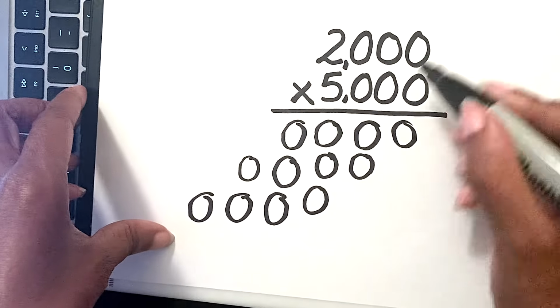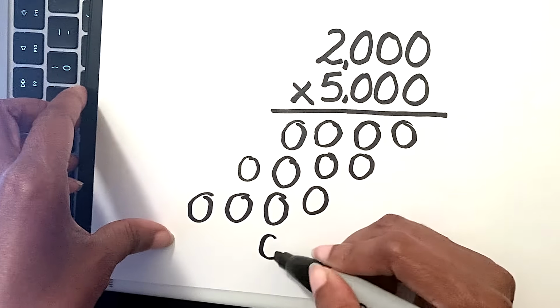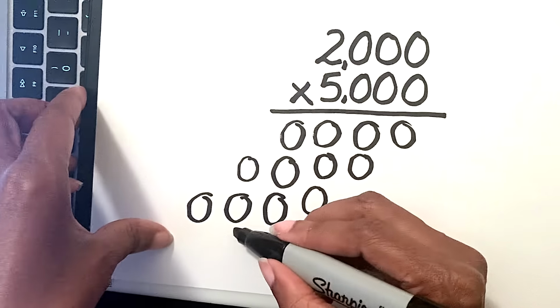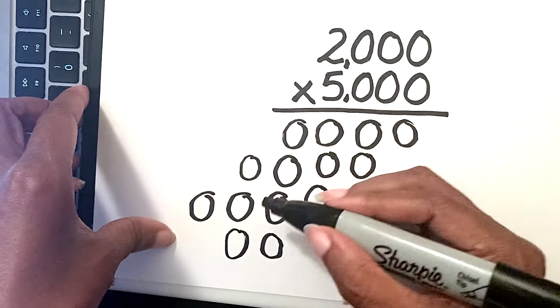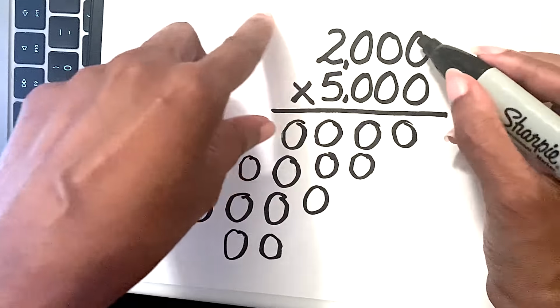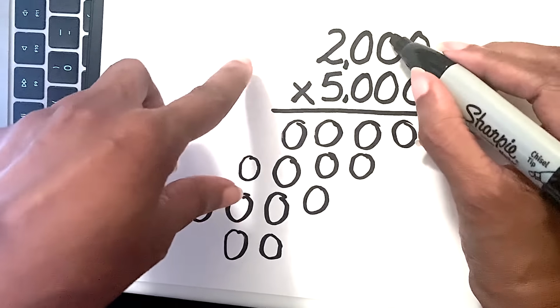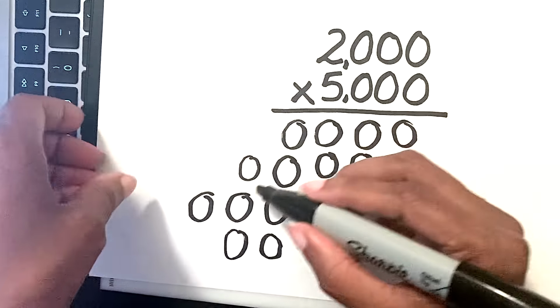Okay, so 0 times 5, we know that's going to be 0. And this is also going to be 0. Okay. And let me see, make sure I get this right. Yep, 0 times 0. 0 times 5 is 0. 0 times 5 is 0. And 0 times 5 is 0.